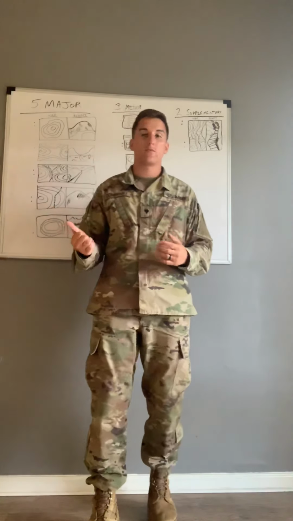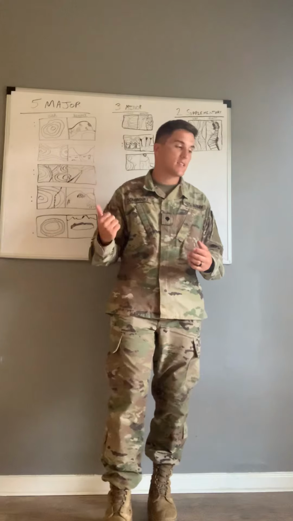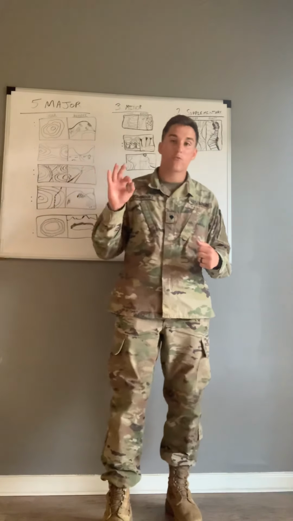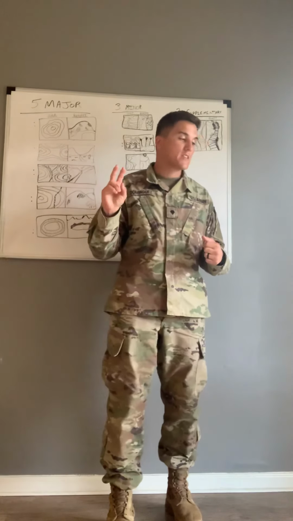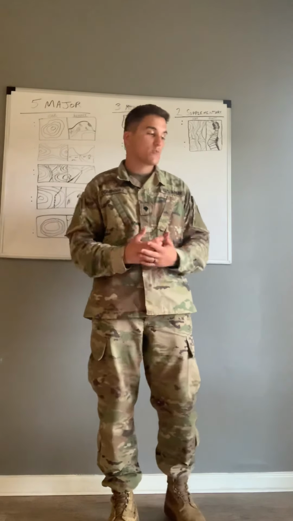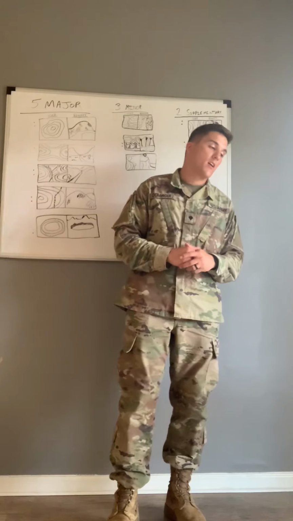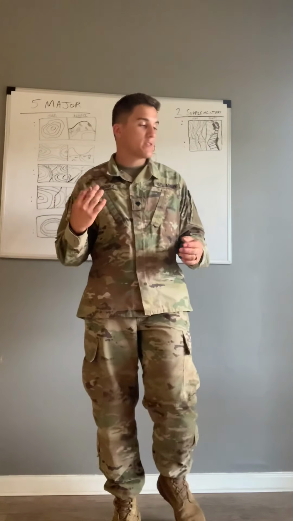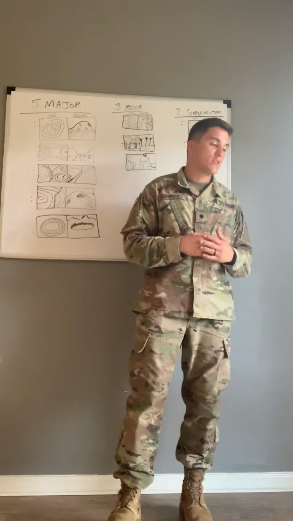What was supposed to happen is we were supposed to successfully identify the 5 major, the 3 minor, and the 2 supplementary terrain features on a military map without error. So what actually happened? Soldiers were trained and evaluated on the 5 major, 3 minor, and 2 supplementary terrain features on a military map.